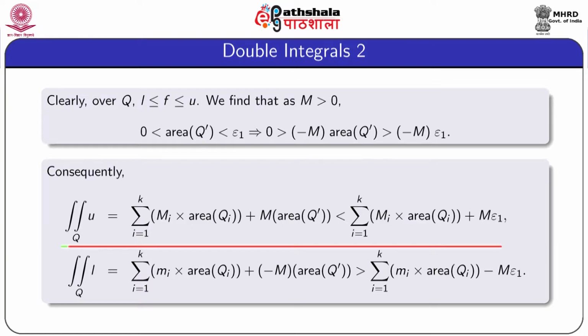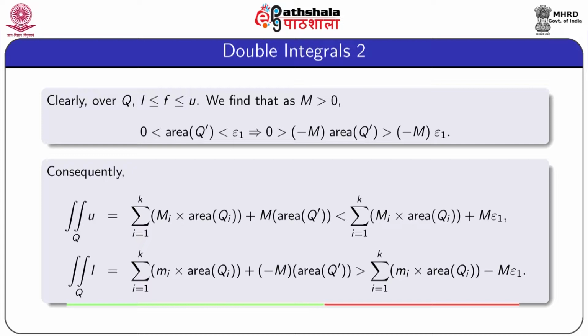Consequently, the integral of U over Q equals the summation from i equal 1 to k of Mi times the area of Qi plus M times the area of Q', which is less or equal to the summation of Mi times the area of Qi plus M epsilon 1. We can find a similar result for L, and the integral of L over Q is greater than the summation from i equal 1 to k of small mi times the area of Qi minus M epsilon 1.